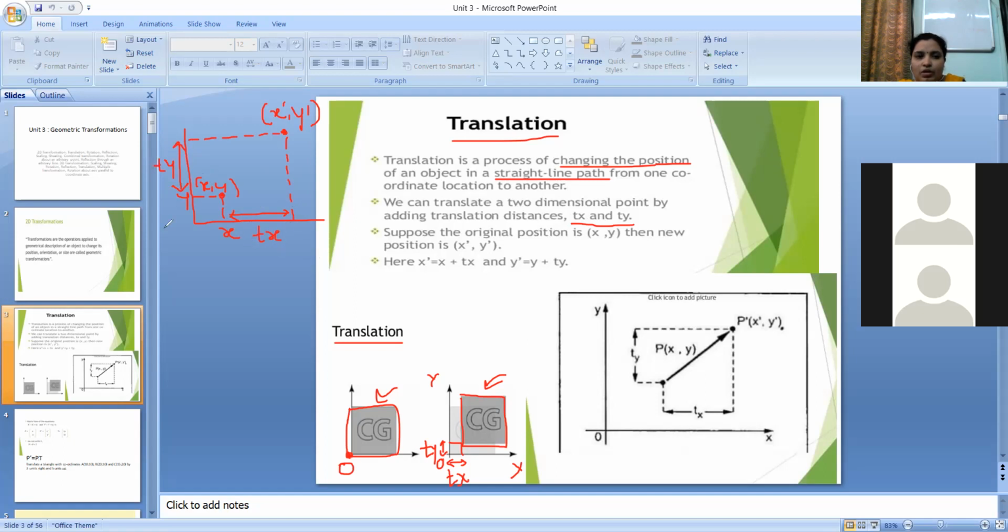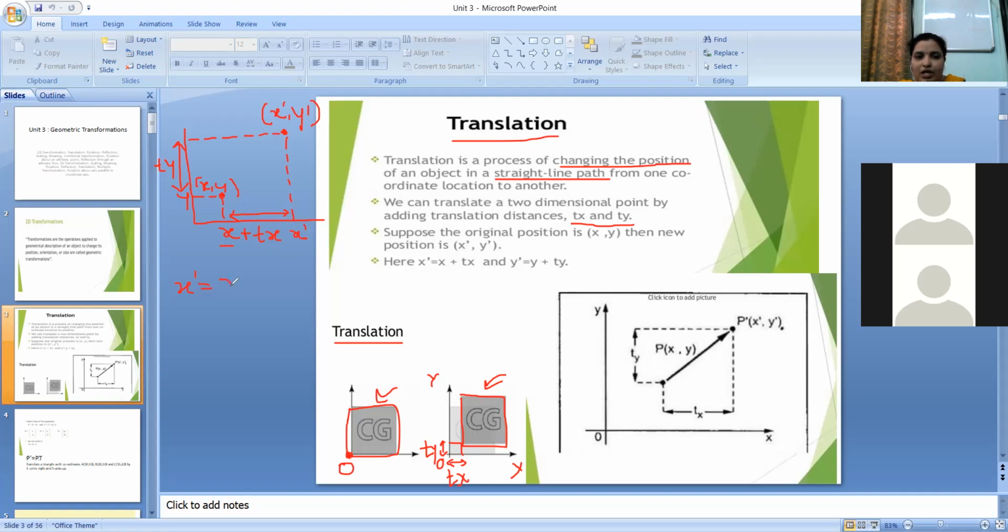So now, as tx and ty are the displacement values with me, I can write down the expression. What will be x dash? x dash is nothing but the x distance of this original point plus this extra distance, which is your tx. So when I add x and tx, I get x dash.